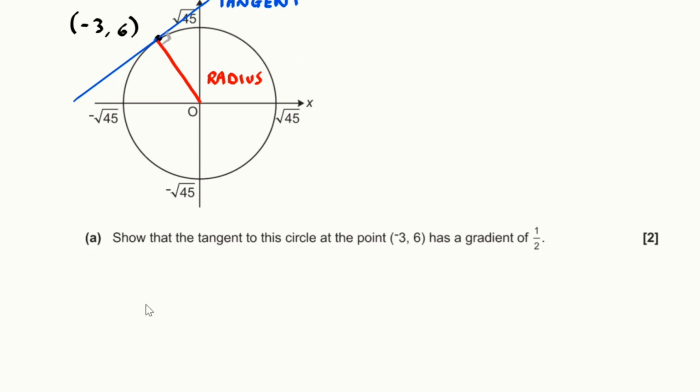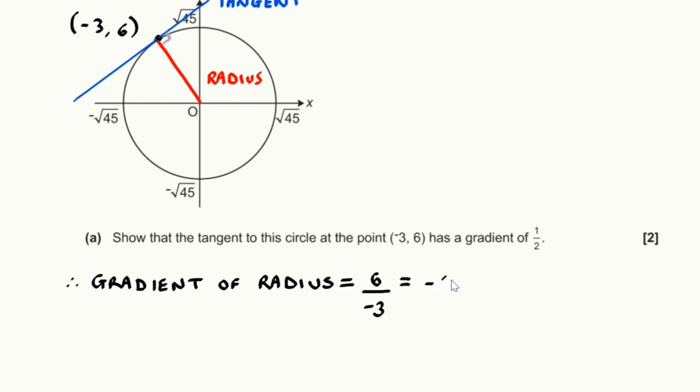And recognizing that the tangent and the radius are perpendicular to each other, we can find the gradient of the tangent. So therefore, the gradient of the radius, we've got here the change in y, which is 6, over the change in x, which is -3.